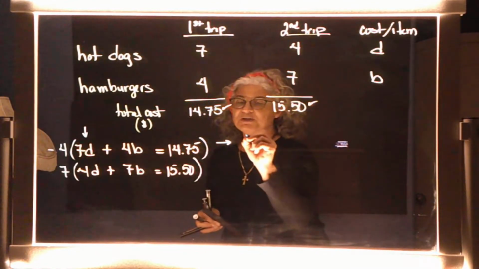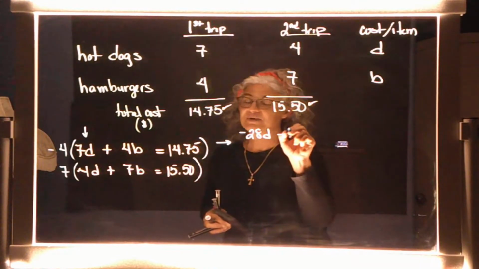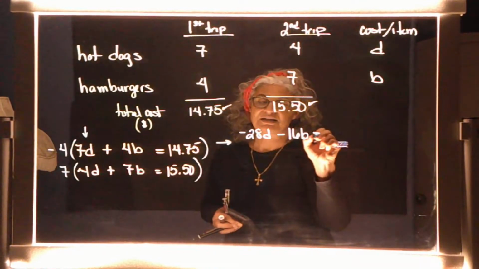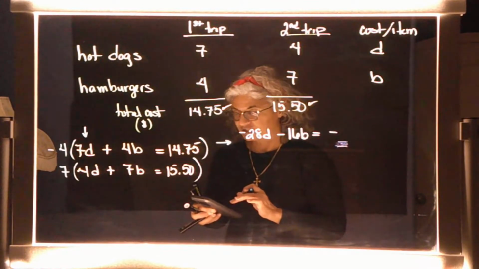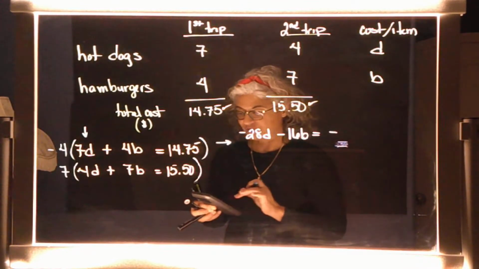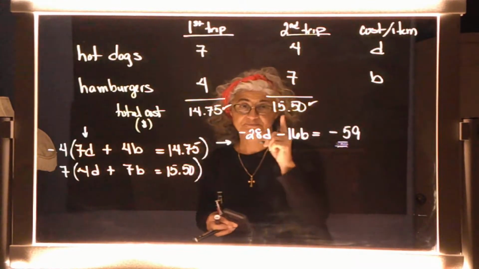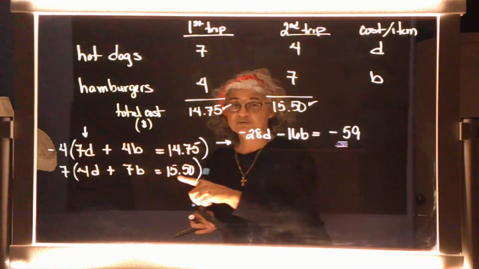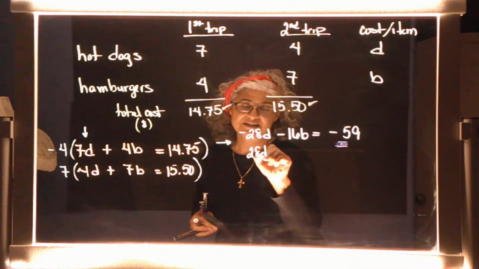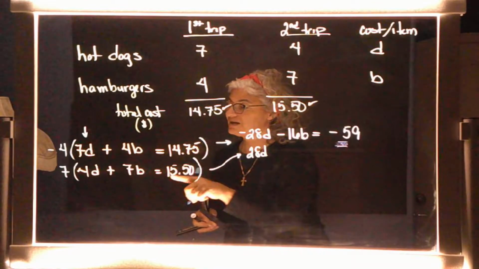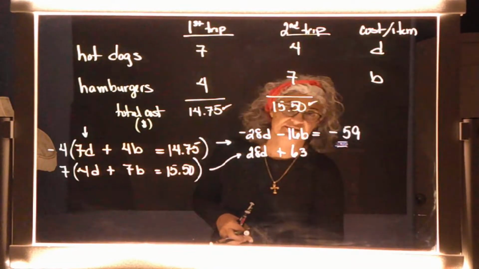First equation multiplied by negative 4 gives me a negative 28D minus 16B equals a negative, okay, so what's $14.75 times 4? Good, a negative 59. Second equation is being multiplied by a positive 7. So that's 28D plus, look at me.